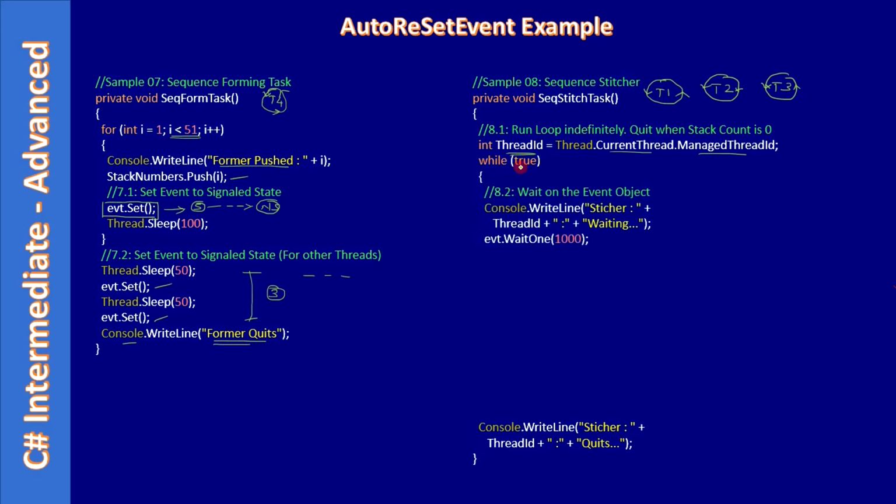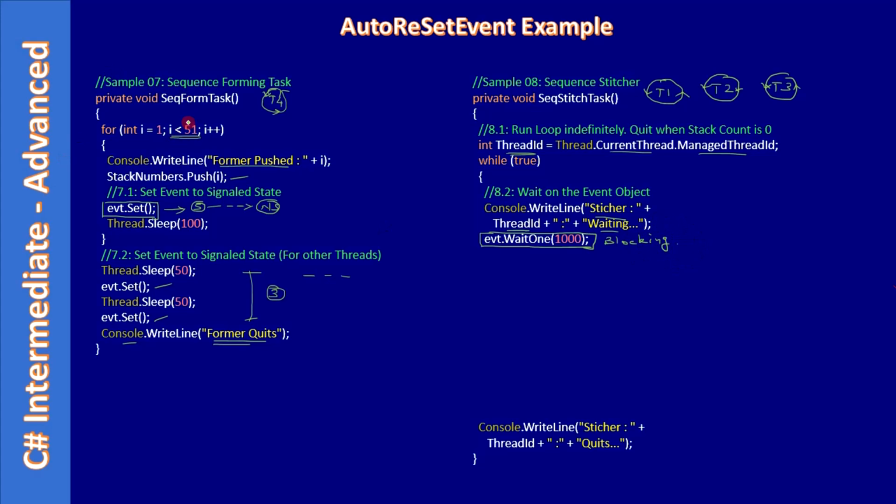Here we are making use of the while loop, and we are printing stitcher thread ID waiting. Why? Because here we are making a call to event.WaitOne. So this will be the blocking call.